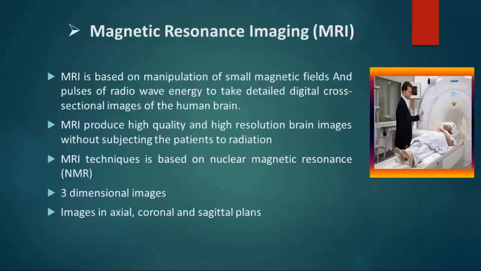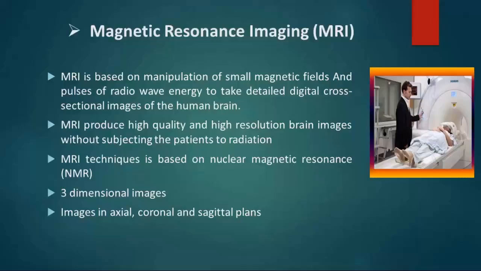Then we'll briefly talk about magnetic resonance imaging. Magnetic resonance imaging is based on the manipulation of small magnetic fields and pulses of radio wave energy to give detailed digital cross-sectional images of the human brain. It produces high quality, high resolution brain images without subjecting the patient to radiation, unlike the CT scan, which exposes the patient to some radiation.